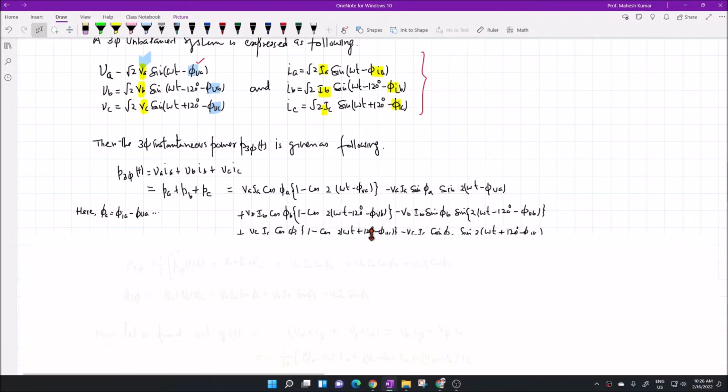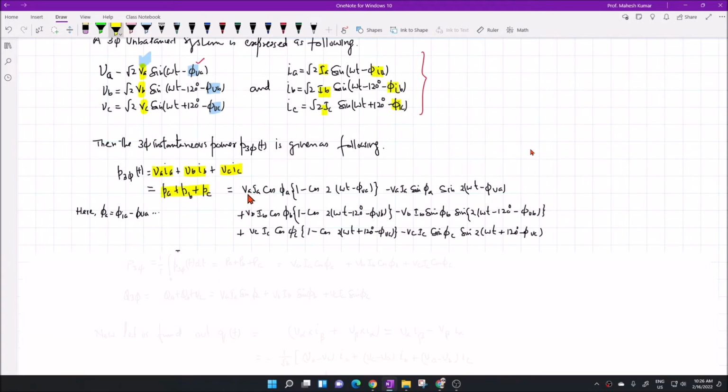Now as you know, the three-phase instantaneous power is the sum of each phase's instantaneous power. That is, we are multiplying BAIA plus BBIB plus BCIC. We are multiplying each voltage and current for the respective phase, and then we are adding them. That is called P3 phase. We can also write PA plus PB plus PC.